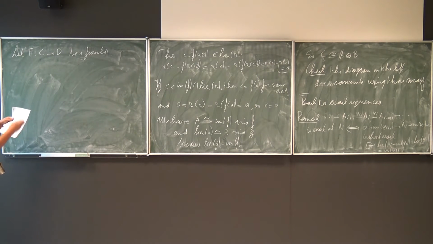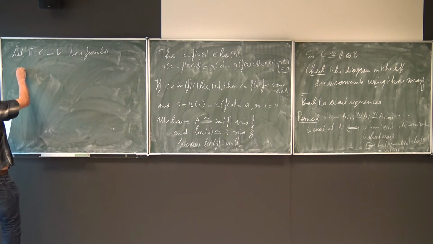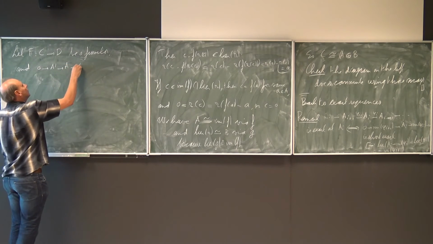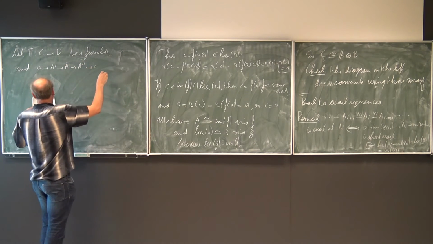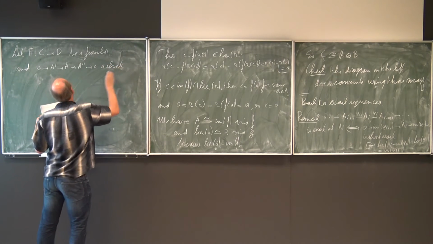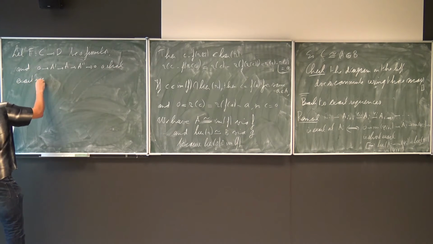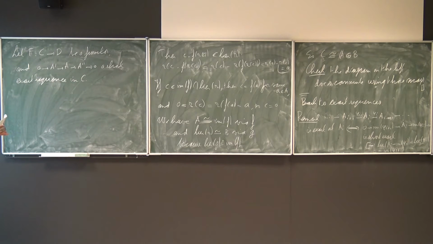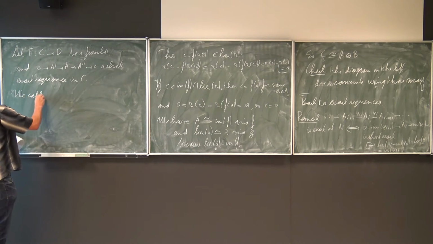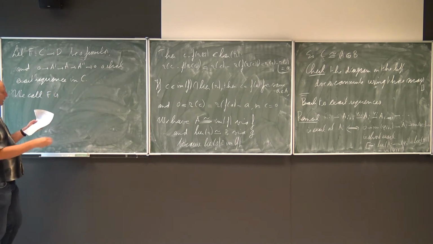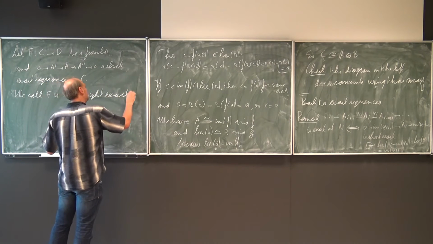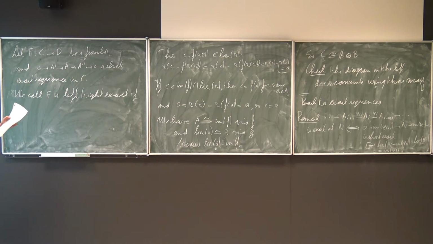So suppose we have that, and we have 0 goes to A', goes to A, goes to A'', goes to 0, a short exact sequence in C. Okay, and then we say that F is left or right exact if, it depends a lot on whether F is covariant or contravariant.